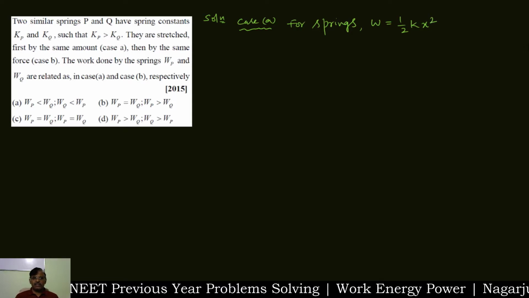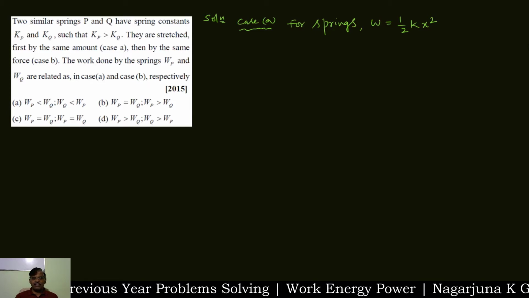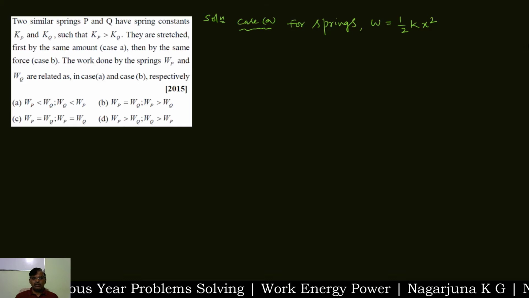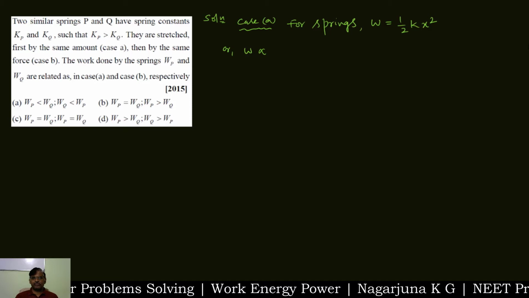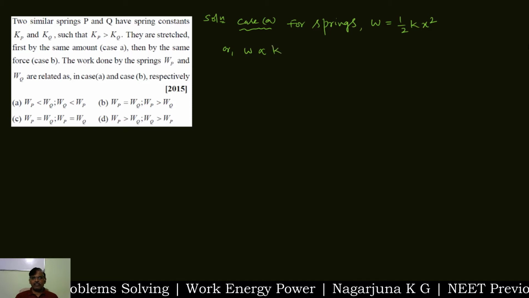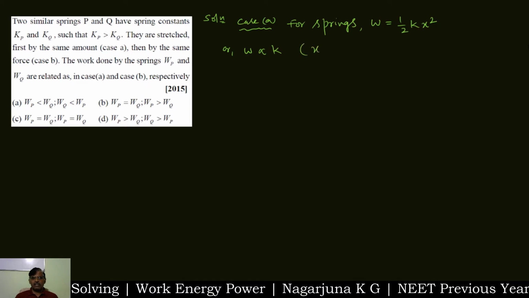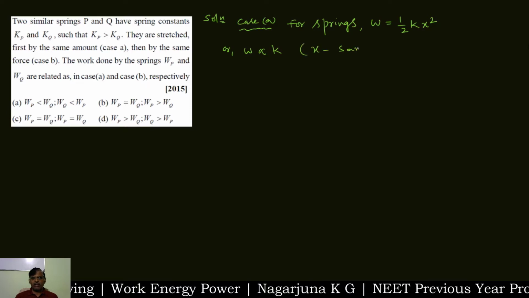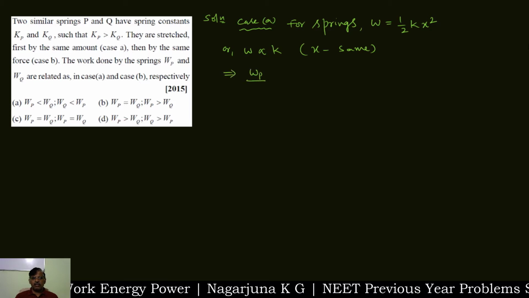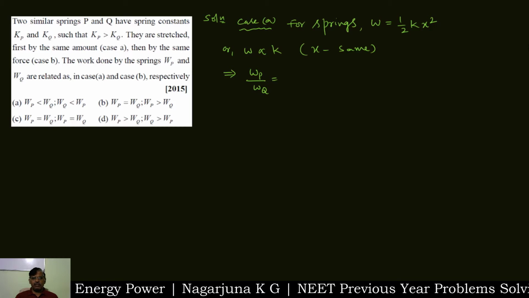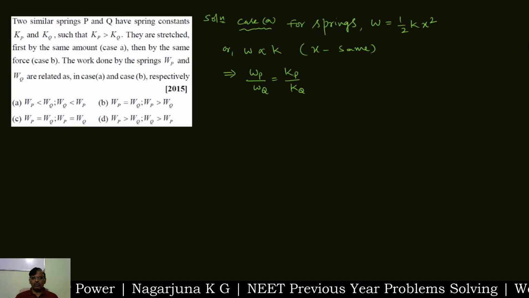But as per the question, in case A, stretched by the same amount, that is x constant, so W is directly proportional to K, because 1 by 2 is constant and x is constant. So that implies we can write Wp divided by Wq is equal to Kp divided by Kq.